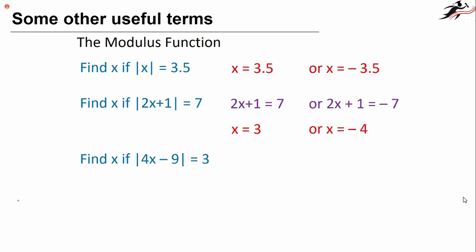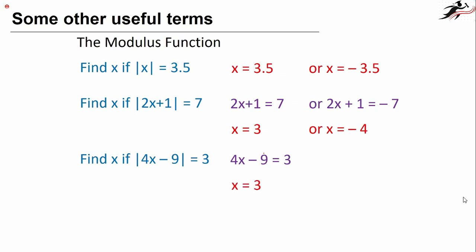Find x if mod of 4x minus 9 equal to 3. Same thing I should do. Either 4x minus 9 is equal to 3 or 4x minus 9 is equal to -3.